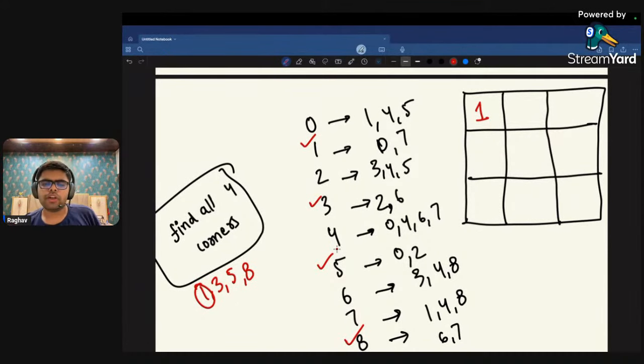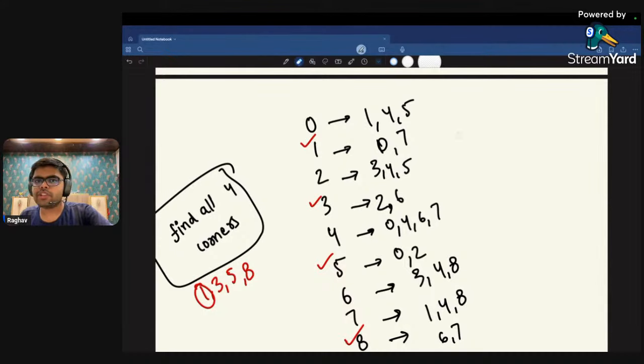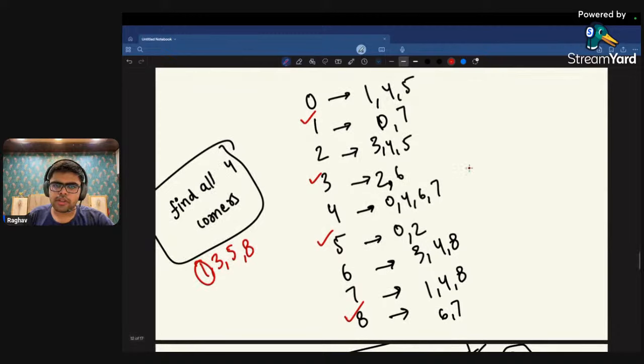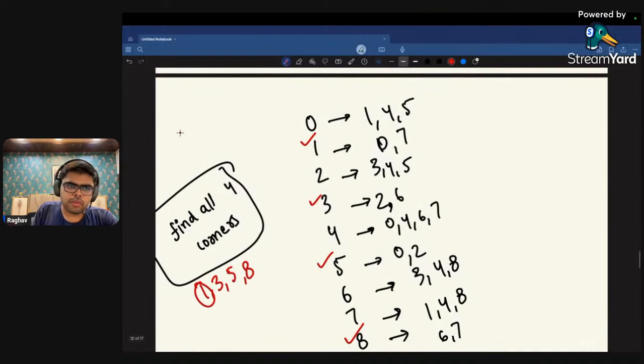There will be 2 corners which will be close. By the way, till this point, when you have just found the corners, you don't even know about the dimensions of the grid. You don't really know anything about it other than the corners. So from the node 1, you can go to node 0 and 7.